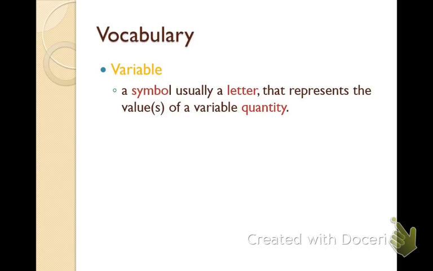Most commonly, we use what as a variable? You'll see most often an X, right? I've certainly seen my share of equations that have used dollar signs. Ultimately, anything can be a variable, but usually they're letters.